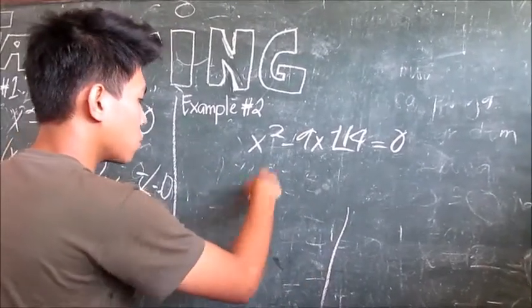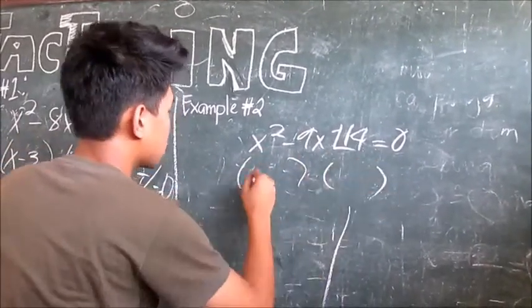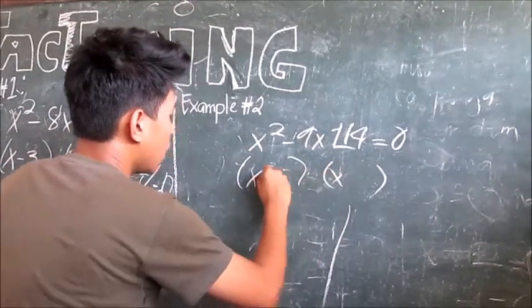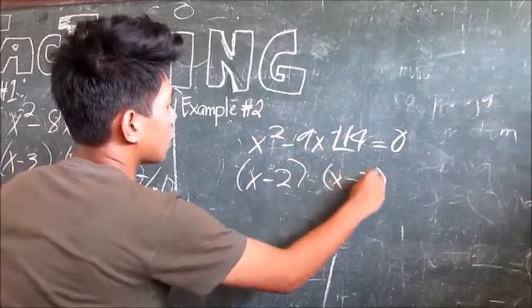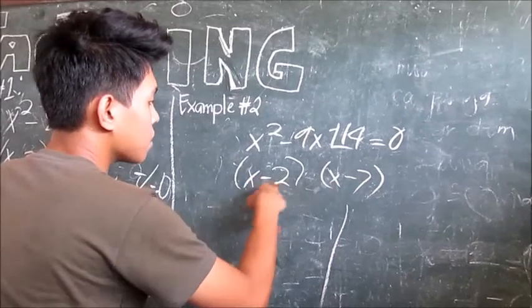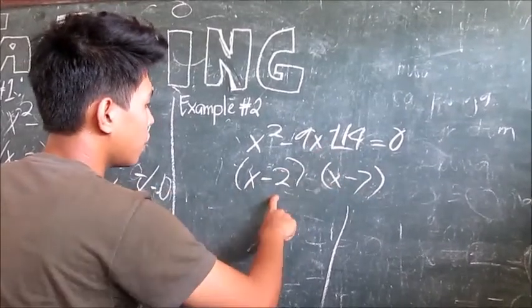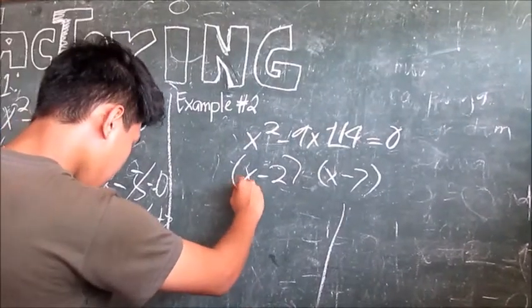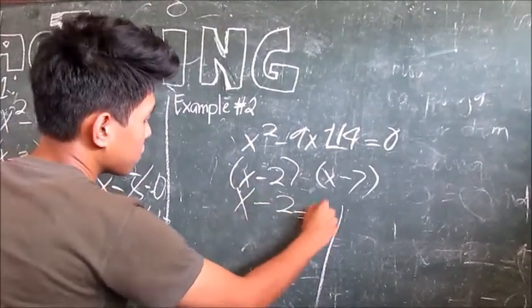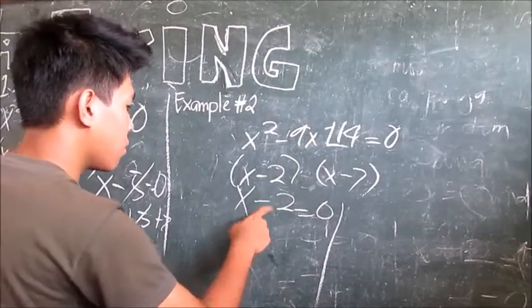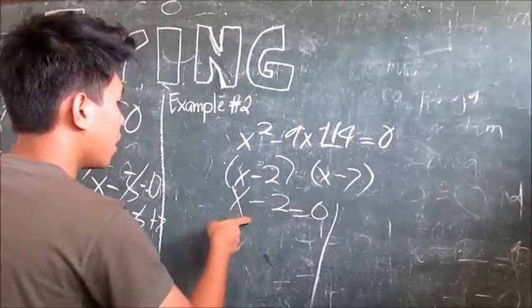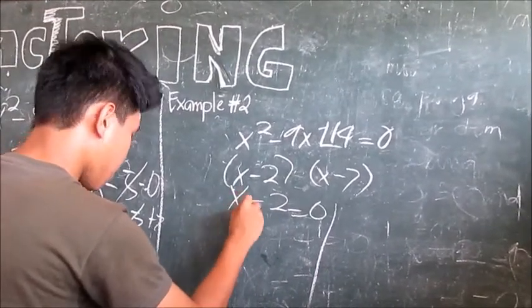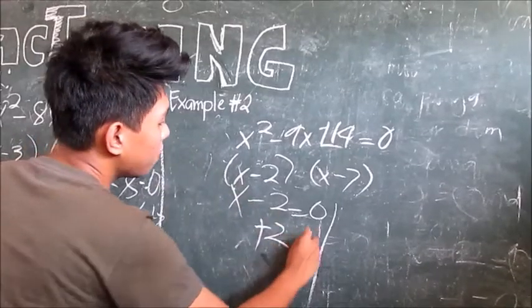Before that, we are going to make open and close parentheses. Put the x here, and also the negative 2 and the negative 7. 7 times 2 is equal to 14, and 7 plus 2 is 9. So here, x minus 2 equals 0. As I said recently, I have another method. So here, let's put a plus 2, plus 2.